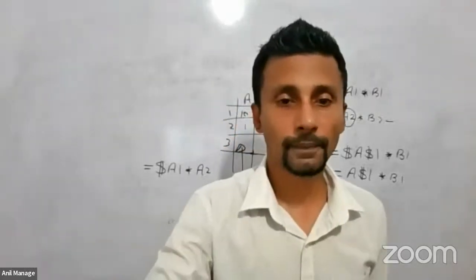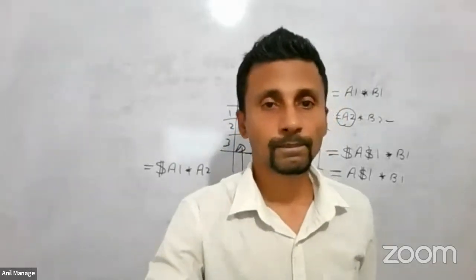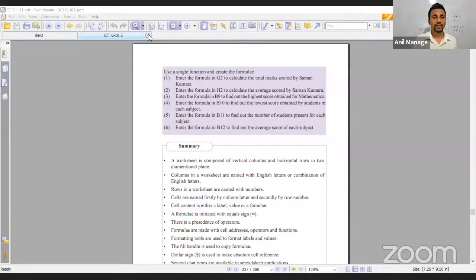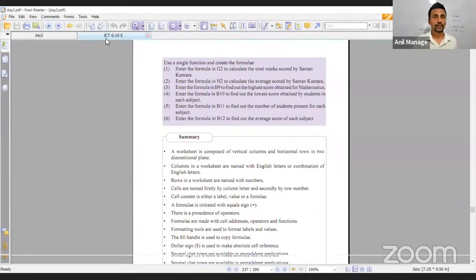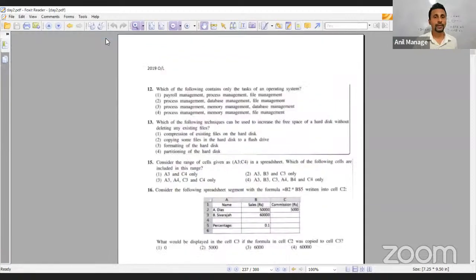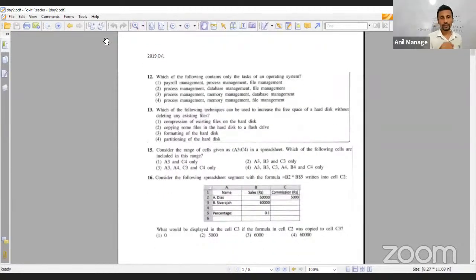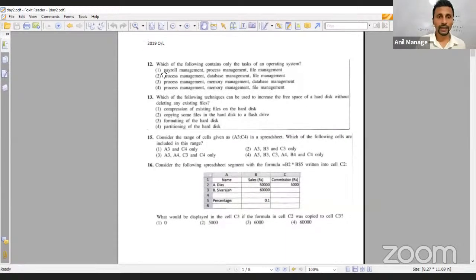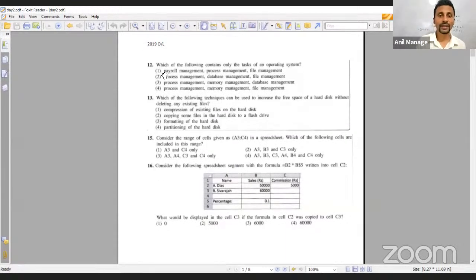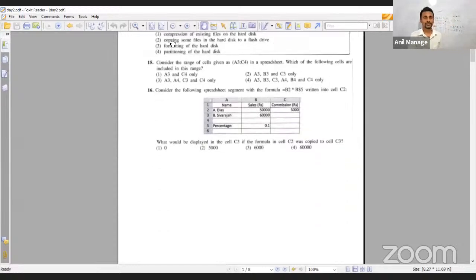So අපි බලමු some questions. Okay, I will give you some time. This is from 2019 question paper. There are some operating system questions and Excel questions.